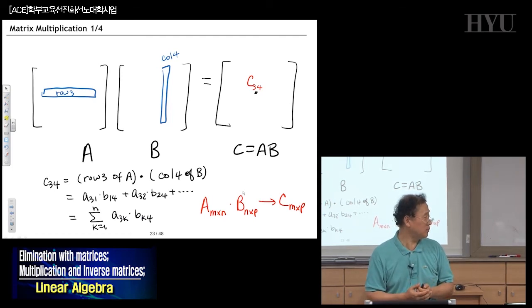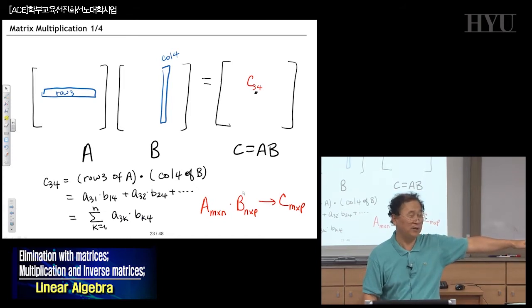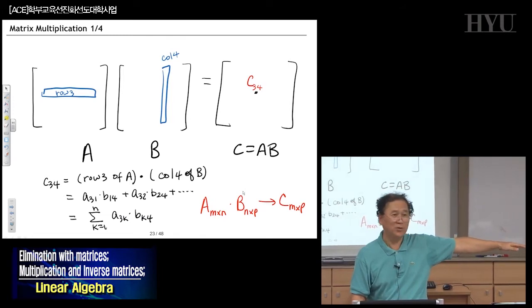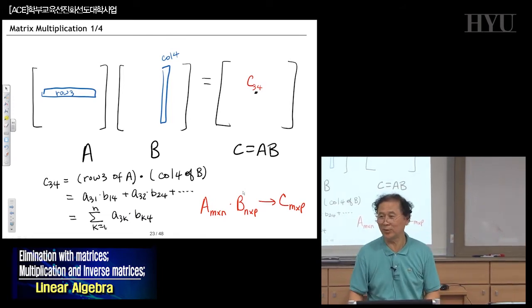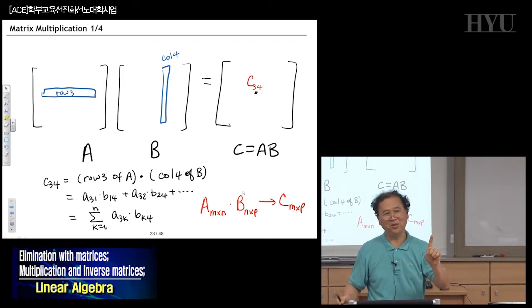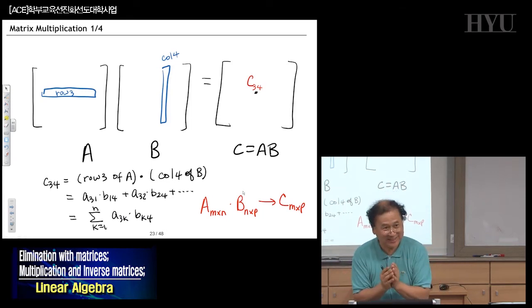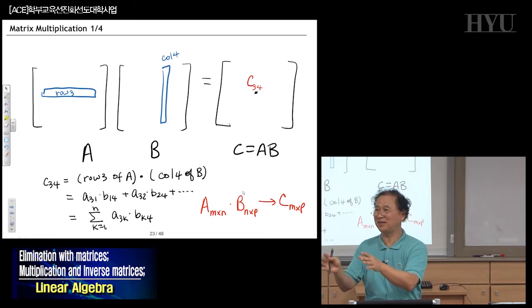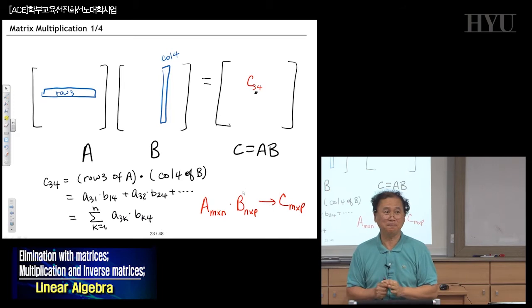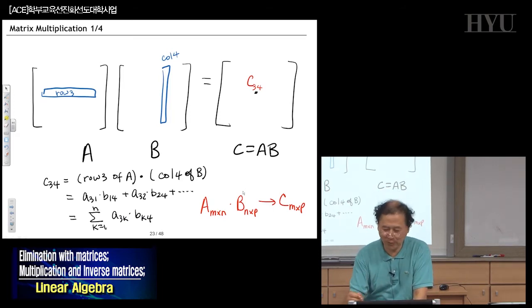In order to do the multiplication, there's a certain condition on dimensions: the number of columns in A and the number of rows in B should be identical. Otherwise, you cannot multiply. With vectors of 3 entries and vectors of 5 entries, the inner product doesn't work. So it's very simple, but this is the way you learned in high school.